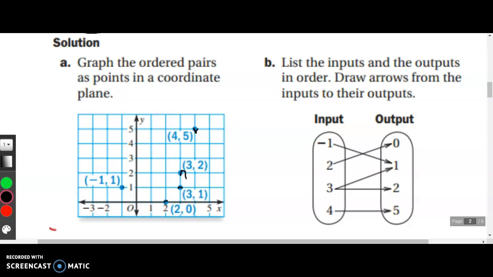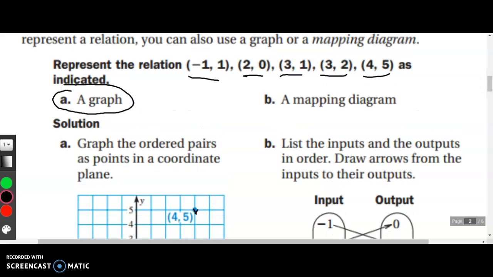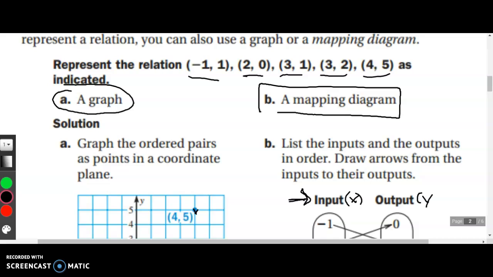The other way that we can represent a relation is through a mapping diagram. In a mapping diagram, we're going to start with an input, which we know is our x, and we're also going to have an output, which we know is our y. Remember how when we listed our domain and range, we listed them in order without repeating, from least to greatest?